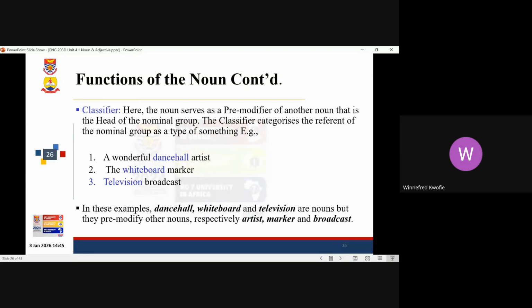It's identifying a marker as a type used for the whiteboard. And then the artist, there are so many artists. Which of them are you talking about? The dance hall type. Broadcast, which broadcast are we talking about? Radio broadcast or what? We are referring to the television type of broadcast. And so as a classifier, nouns help to identify something as a type of something.